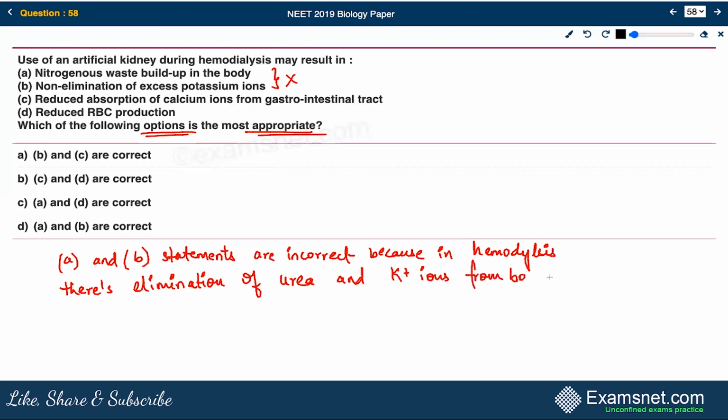So there is elimination of urea and potassium ions from the body.